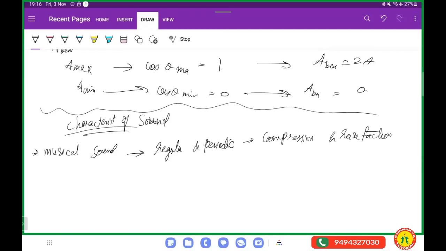So what will we write about noise? What can we write about noise? We wrote this one: regular, periodic compression and rarefaction.